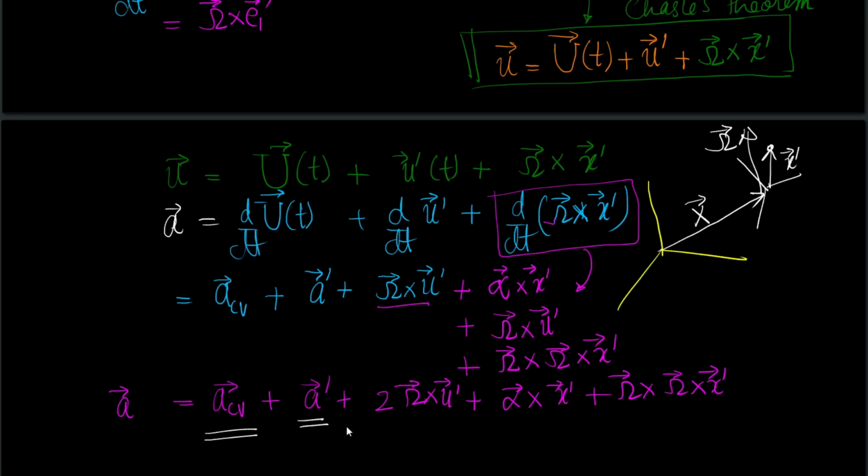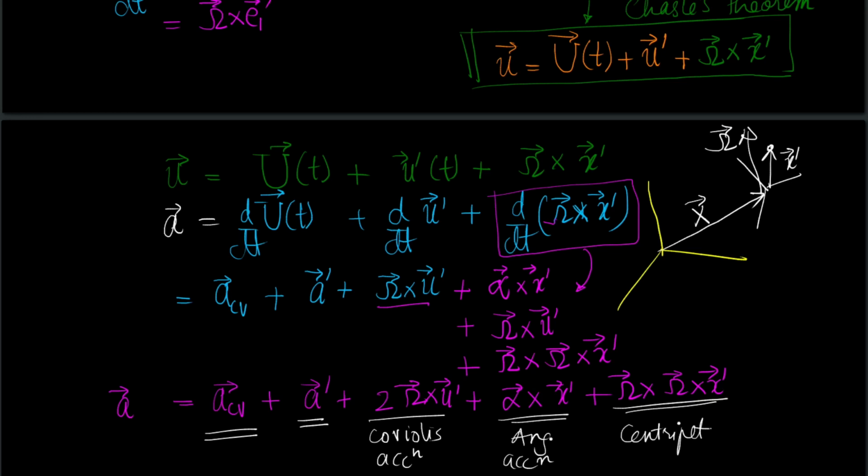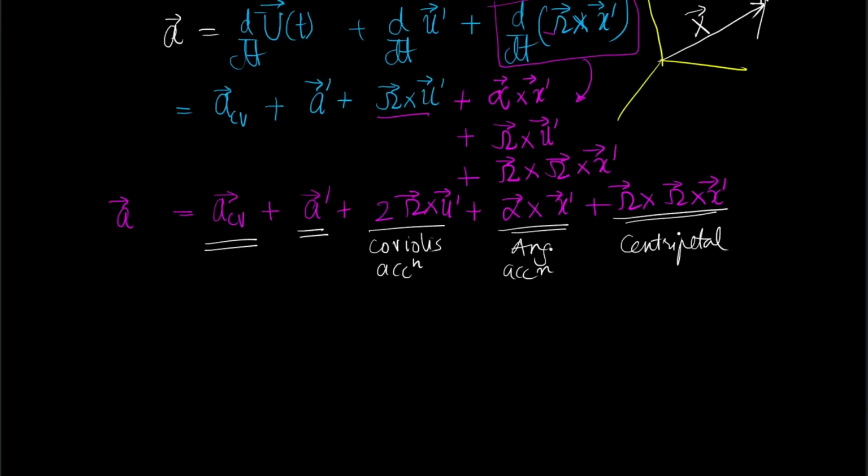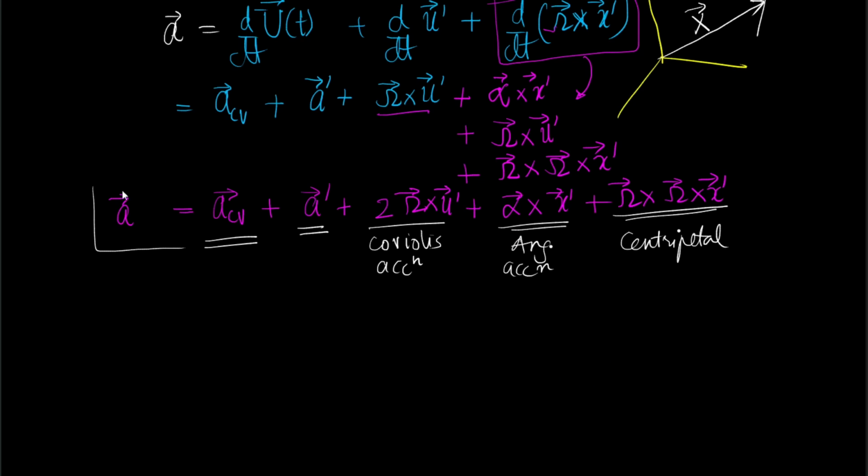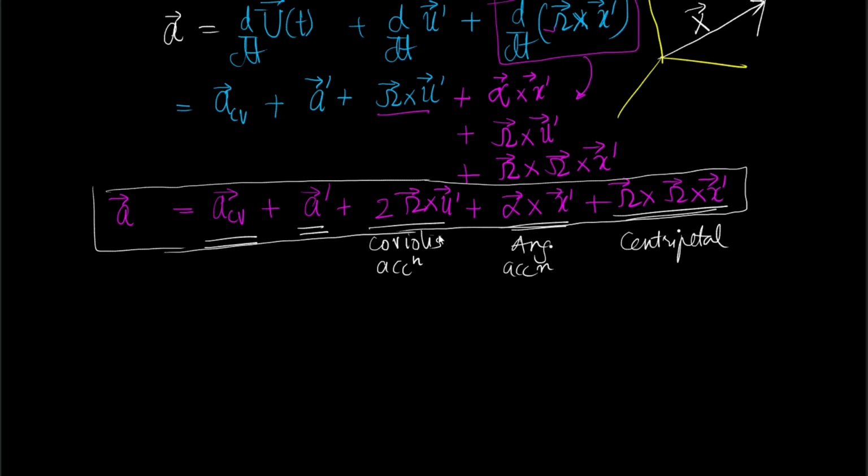This is the acceleration as seen in the moving frame. This is the Coriolis acceleration. This is the angular acceleration term. This is the centripetal acceleration. Alright, so this is a very important result, and possibly you have done this in some form in your classical mechanics courses.